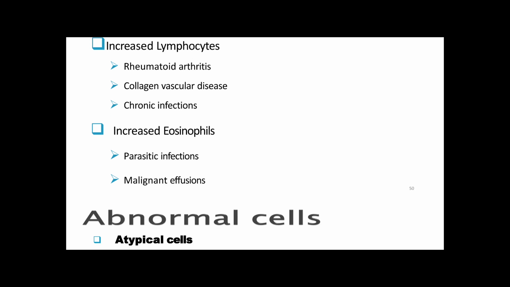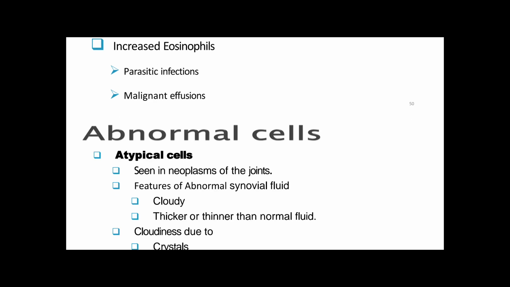Right. So the next inflammatory cell is eosinophil. Eosinophils are rare, and increased numbers can be seen in parasitic infection and malignant effusion. So these are the two conditions where the eosinophil number is high.